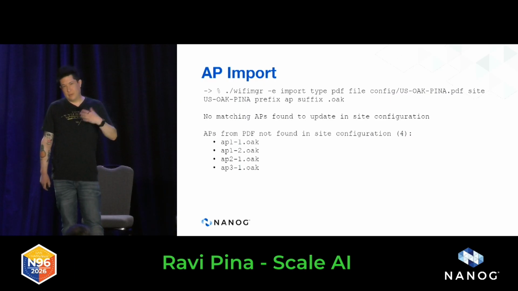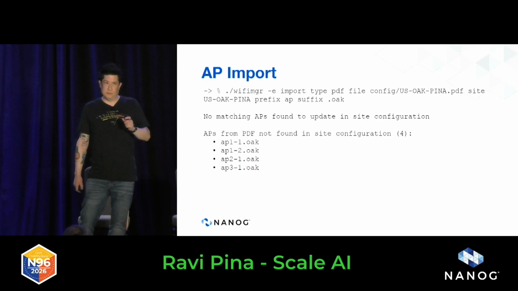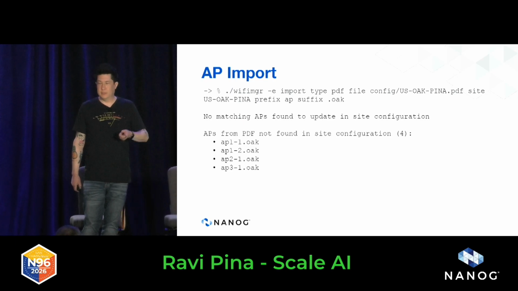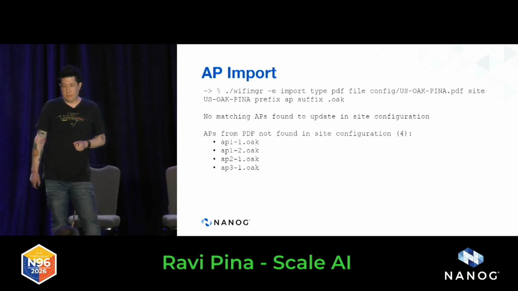You're like, okay, well, I'll ingest all the AP information, do a dry run, see potentially what changes can be made, and then maybe dip your toe into it and try one AP or a lab AP, and then you can explicitly define that one for how it gets configured.